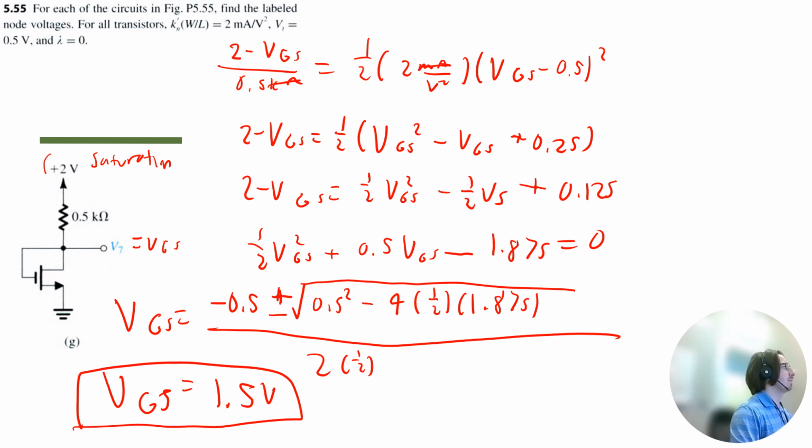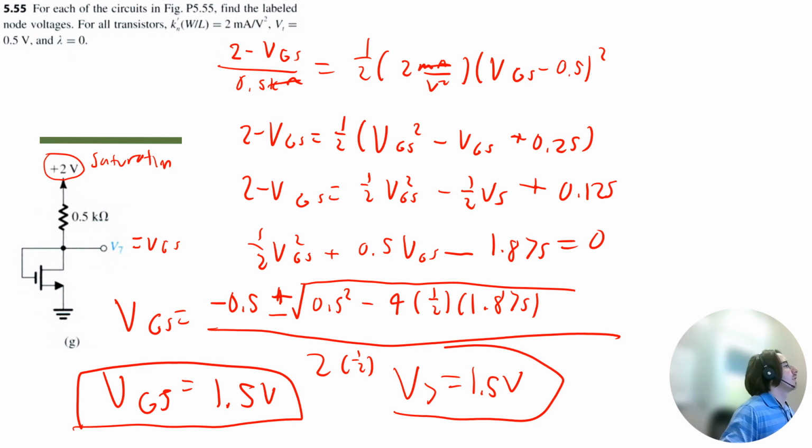We have 2 volts here. And if I'm supposed to have a negative drop of 2.5, then I should get 4.5, right? So that just doesn't make sense. That's why we always do the addition. So V7 is equal to 1.5 volts.